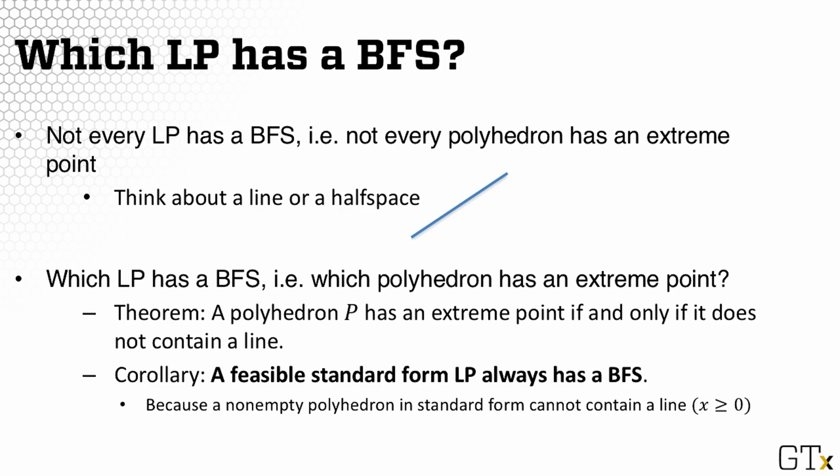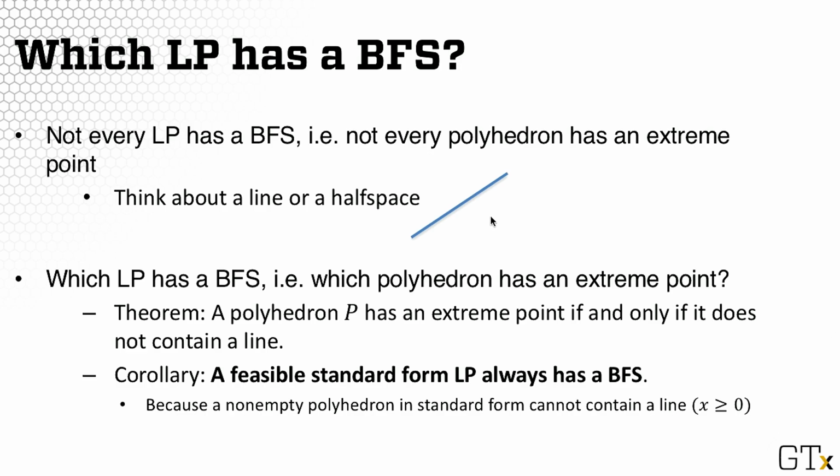And the theorem is the following. The theorem says a polyhedron P has an extreme point if and only if P does not contain a line. Okay, so exactly rules out this example that we just gave. This is a polyhedron that contains a line because it's a line itself. And if you look at half space, it's a polyhedron. It also contains a line, for example, on the boundary here, or parallel to this inside the half space.